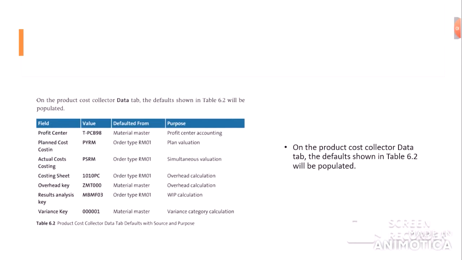So from this we can understand the values which are populated against those fields are defaulted from material master and order type, and the purpose is for overhead calculation, work in process calculation, or there are many different calculations for profit center accounting, plan valuation, variance category calculation. As these processes are interlinked, if we understand the process better, it is very easy to understand the concept in detail.